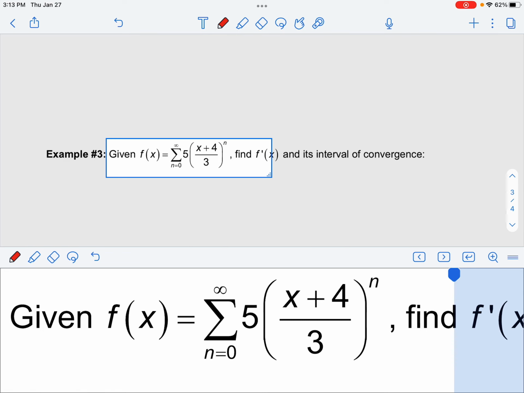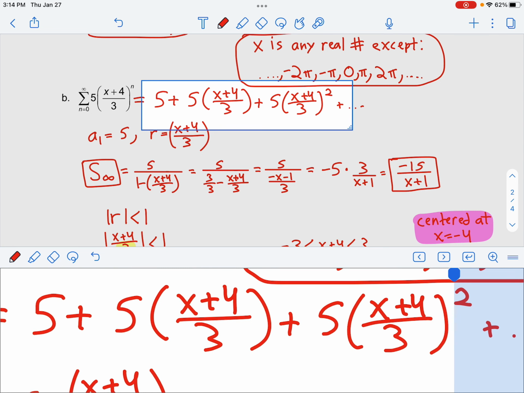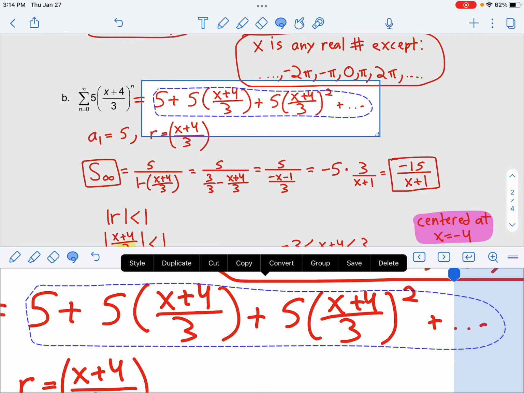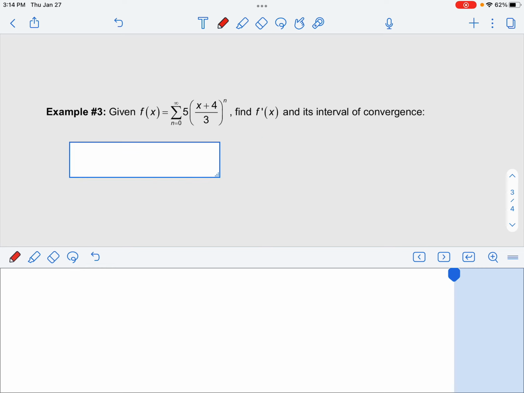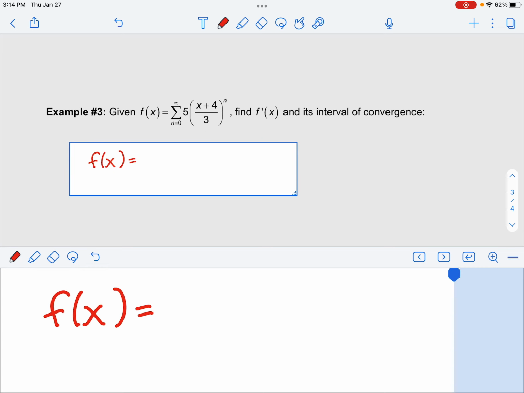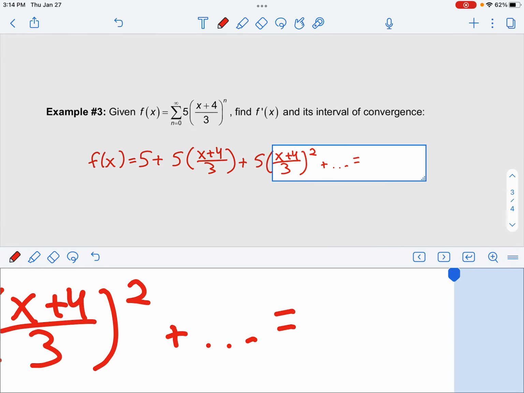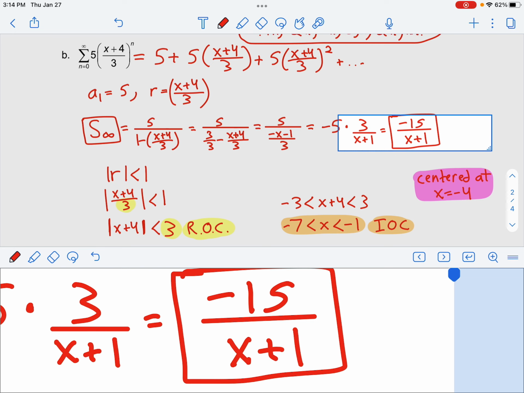Let's go back real quick to group problem 1. Remember, we found the sum for this series, and we said it was negative 15 over x plus 1. So if I copy all of these terms, if f of x is equal to these terms added together, I will get the sum that I got from group problem 1, negative 15 over x plus 1.